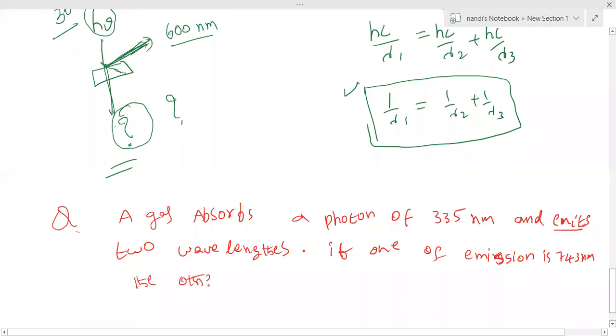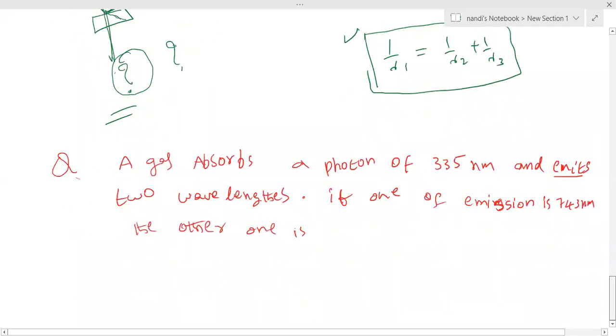So for the first photon, the energy, meaning wavelength, is given, and the second emitted one is also given as 743 nanometer. What are they asking? The other one.